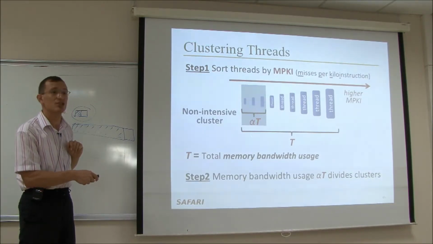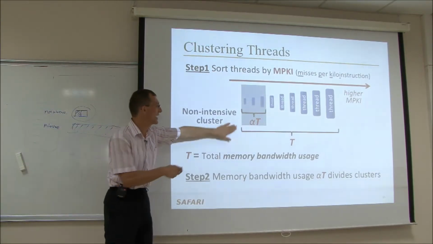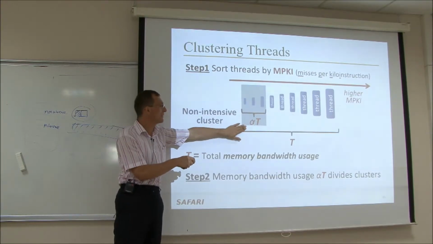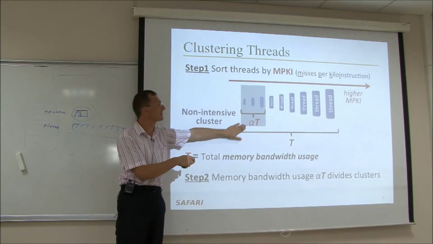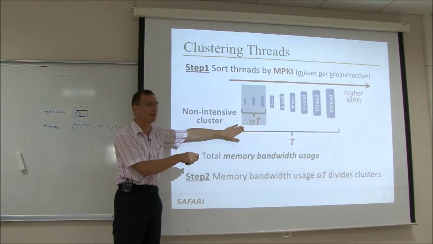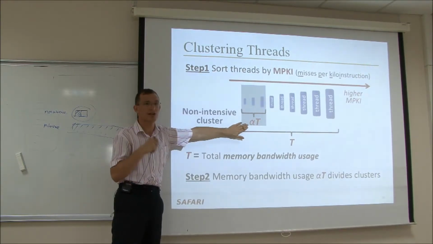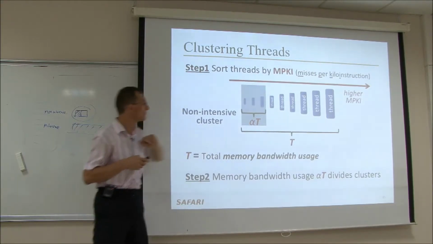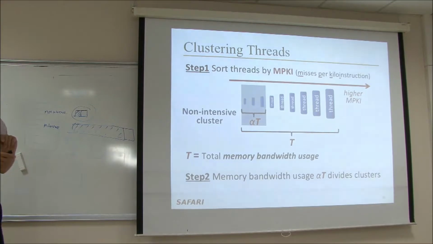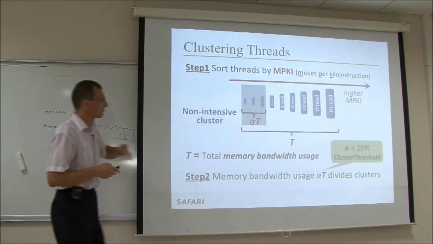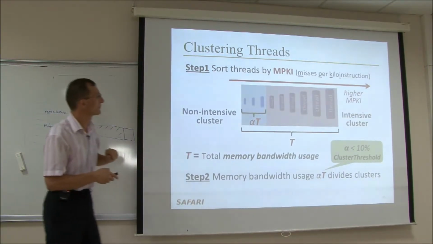And that fraction hopefully is small. Basically, alpha times the total: all those threads that consume that fraction of the memory bandwidth are considered non-intensive. And alpha, as we will see in our experiments, will be 10%. And we'll see a trade-off between throughput and fairness as you change the value of alpha. Well, that's the cluster threshold. The rest will be deemed intensive threads.